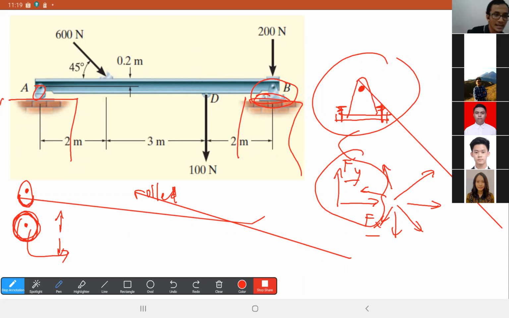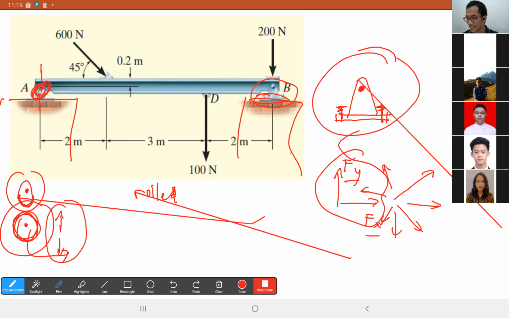That's why whenever we have a roller pin in one hand, that roller pin cannot withstand the horizontal force. It can only withstand vertical force. That's why we can replace this kind of roller pin with a force like this, either upwards or downwards.